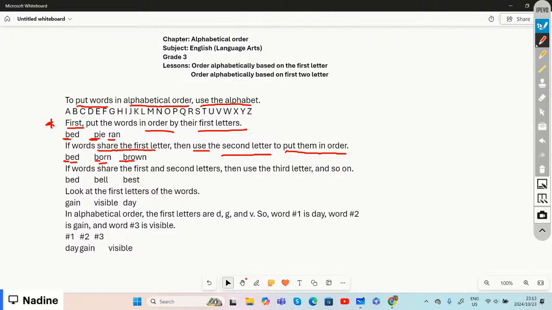So if we, for example, have to put words in order, then we need to look at the alphabet, which word comes first, which word comes after. We first put the words in order by first letter.